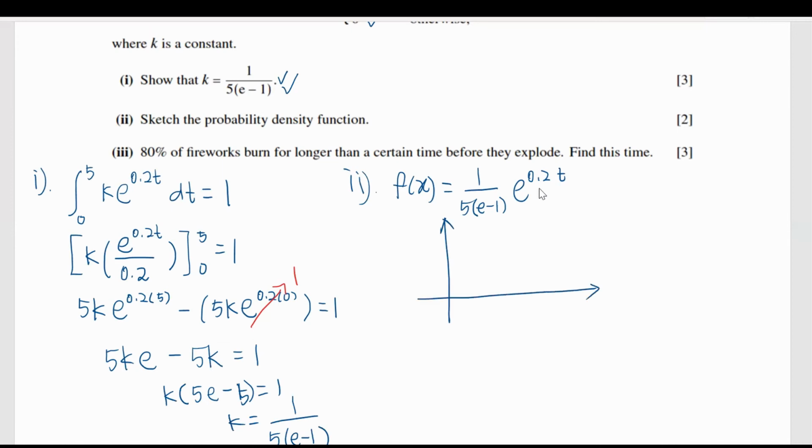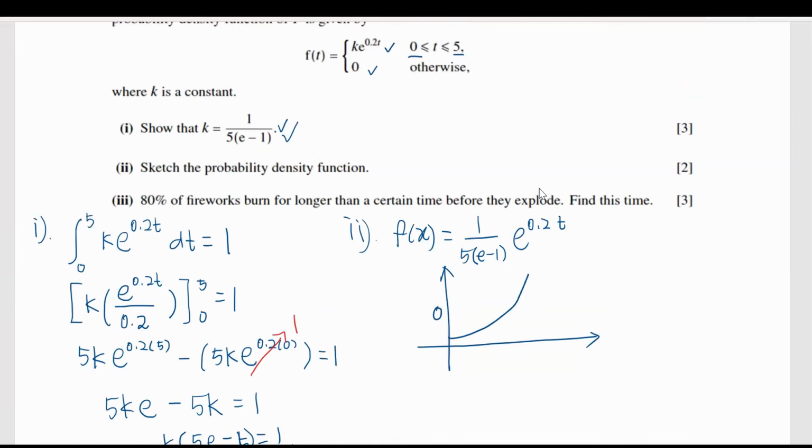When the power is a positive value, then it's supposed to be a growth. Okay, and it will be going up from here until here, right? The limit 0 until 5. 0 is here. 5.